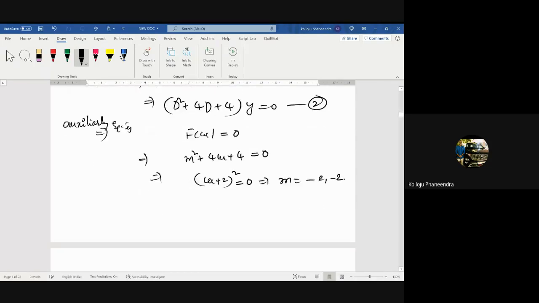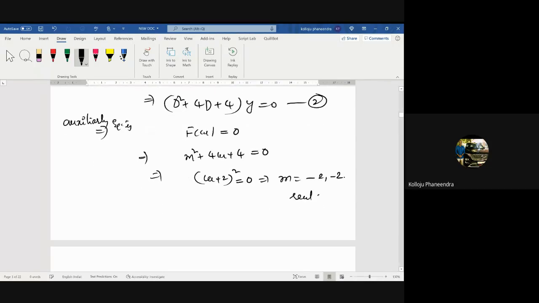So the roots are real and repeated, repeated 2 times. Therefore, what is yc? 2 times means the quotient is a first degree polynomial times e to the power of minus 2x. The complementary function is over.